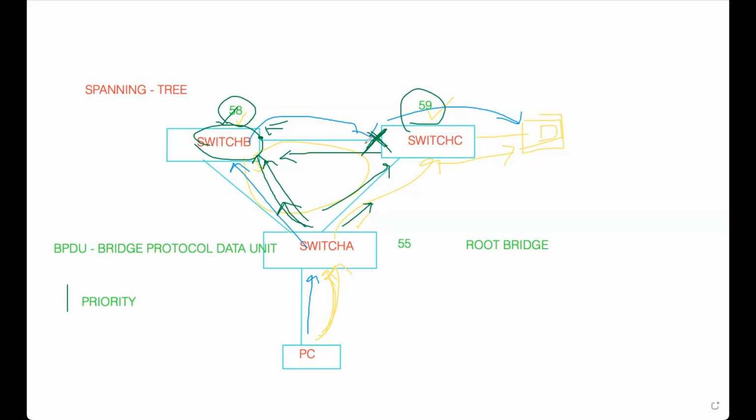So to reach the destination, what is the path? Switch A sending to switch C, and switch C sending to the destination. Because the link between switch B and switch C is temporarily blocked, switch B doesn't know how to go to the destination. Switch A will send that to switch C, and switch C goes to the destination.